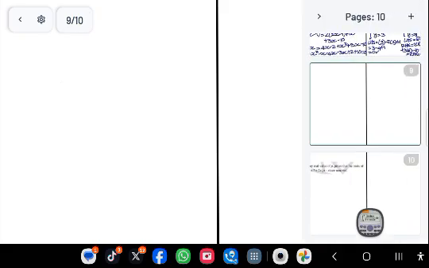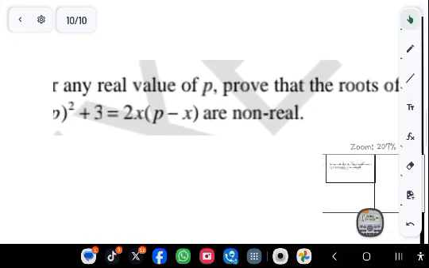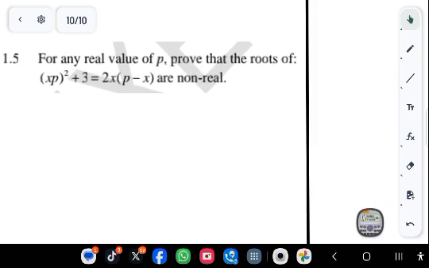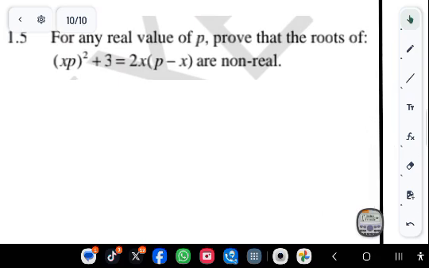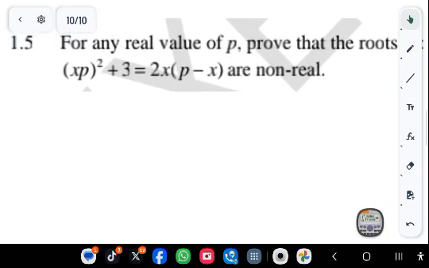Alright, next. This, I believe, is the last question. For any real value of p, prove that the roots of this are non-real.